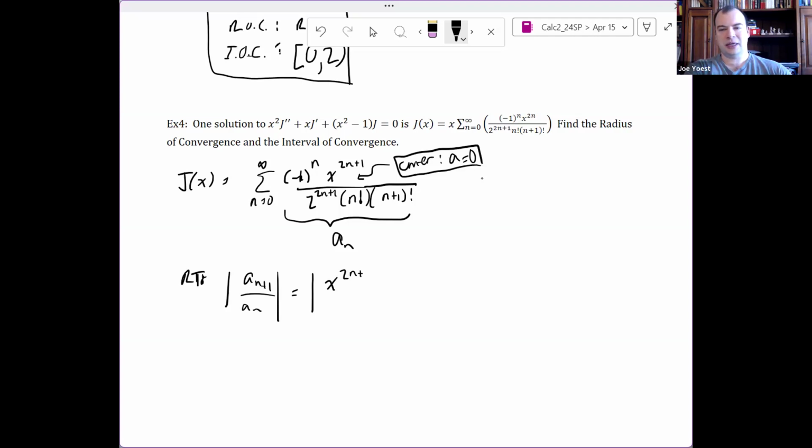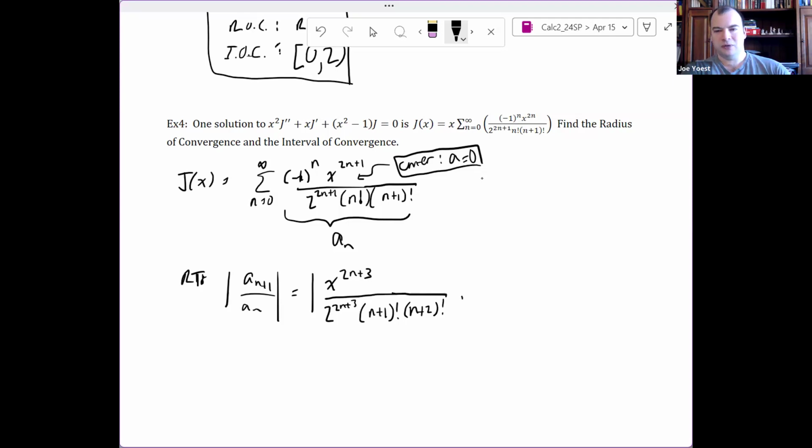So 2 times n plus 1 is 2n plus 3 over 2 to the power 2n plus 3, n plus 1 factorial, n plus 2 factorial. So that is a_(n+1), getting rid of the minus 1 to the n, because again, we're in absolute values, so we'll just knock that off.